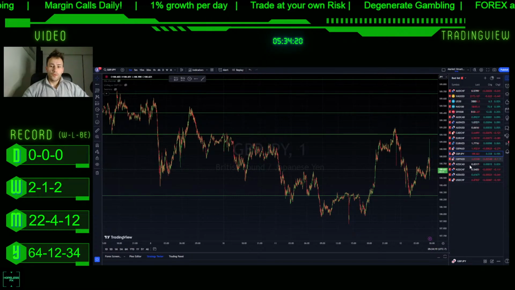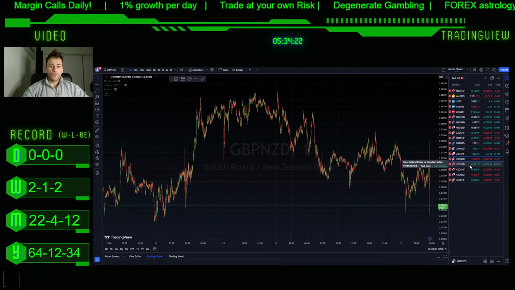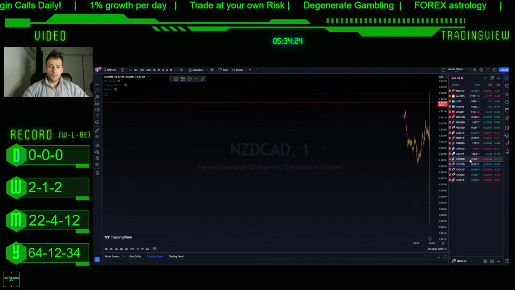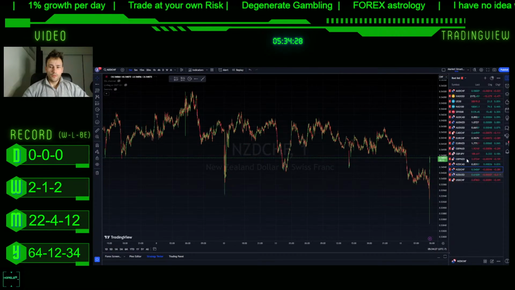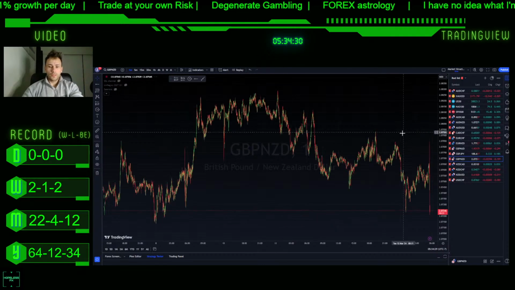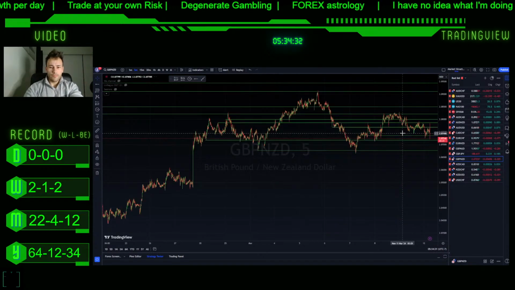We'll wait for price to make a move. Looks like GBPNZD has gone down and is continuing to go down, so we could look to get into a buy position here.